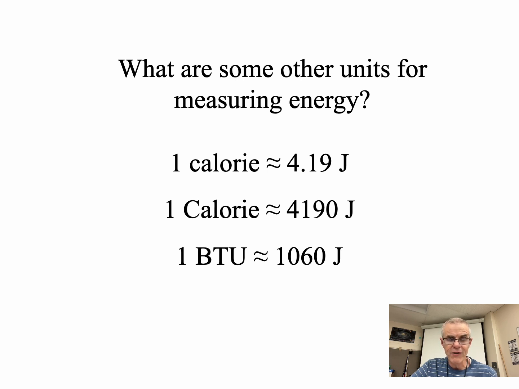That would make it 419,000 joules, right? Am I doing that right? Add 2 zeros, and that's 419,000 joules. Yeah, if you had 100 Calories. Anyway, a Calorie of food energy is actually 4,000 joules roughly.